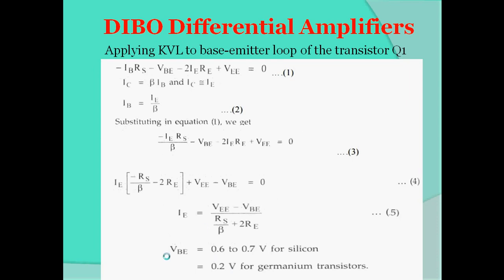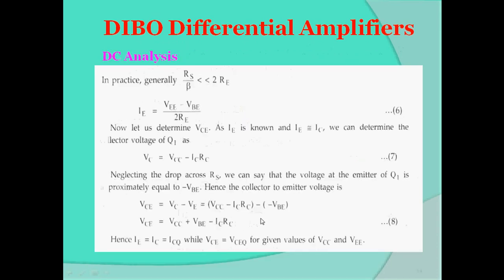So in the denominator of equation number 5, RS by beta plus 2RE, if the first part is very small in comparison to 2RE, we can say the denominator is approximately equal to 2RE. So my equation for emitter current is VEE minus VBE divided by 2RE. Now this is one of the quiescent points.